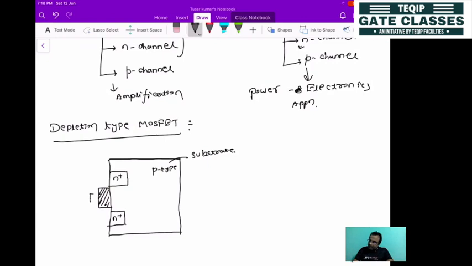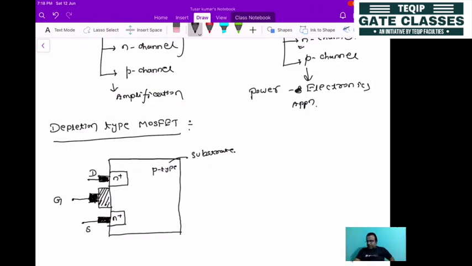Here we put one metal contact, and this terminal is the gate. Here we put another metallic contact to give the electrical connection, and this terminal is termed the source. Similarly, here we put another metallic contact, and this terminal is named the drain.